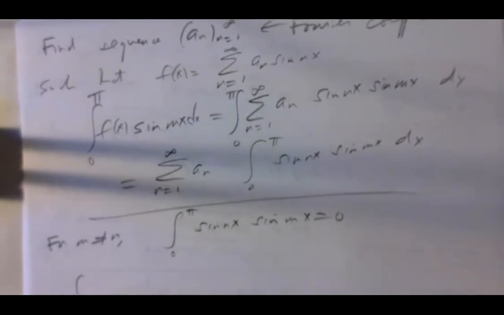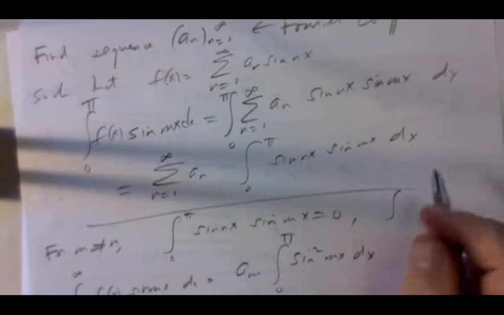So we get the integral from 0 to pi, f of x sine mx dx is just a sub m times the integral from 0 to pi. When m equals n, this is sine squared mx dx. And this integral is pi over 2.